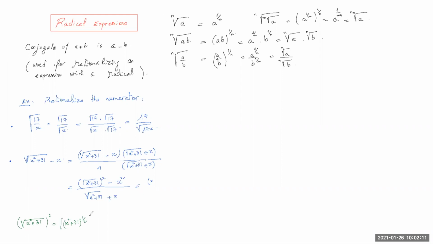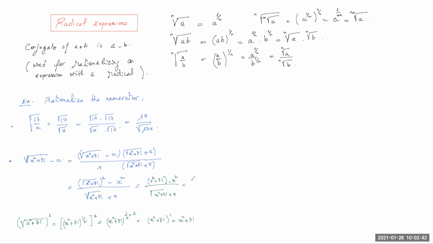Then everything to the power 2. But then we multiply the powers. So it will be x² plus 31 to the power 1 over 2 times 2, which gives x² plus 31 to the power 1, which is x² plus 31. Okay, so we will have x² plus 31 minus x² over this denominator.